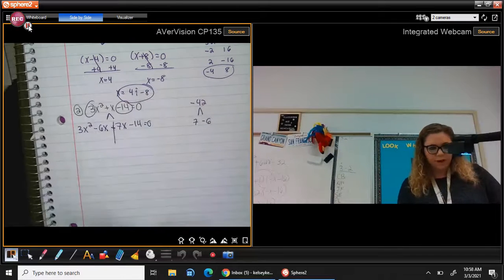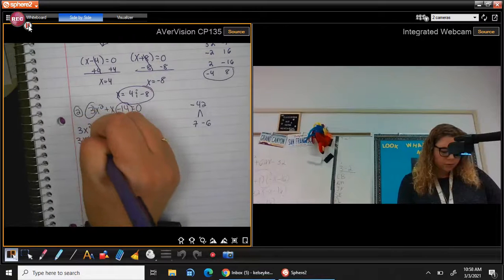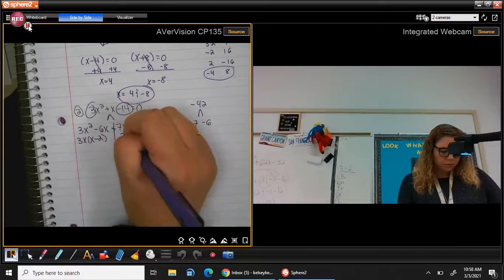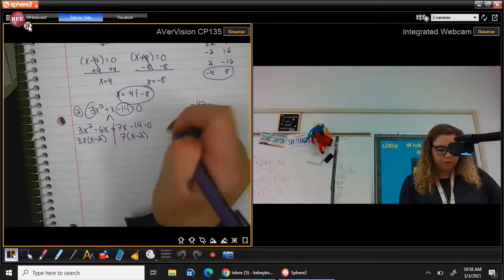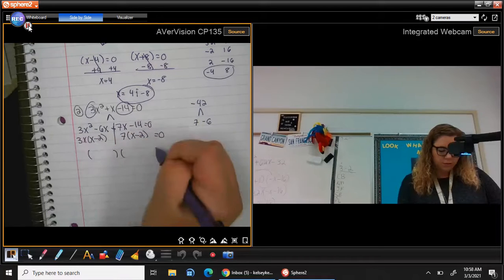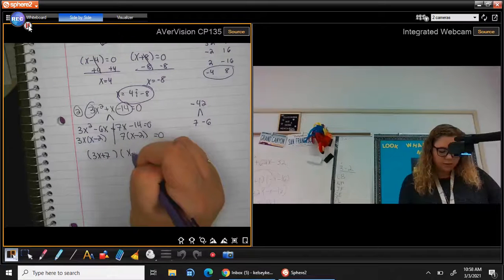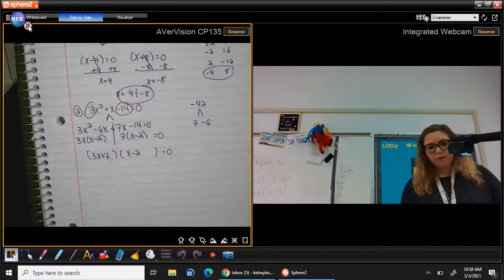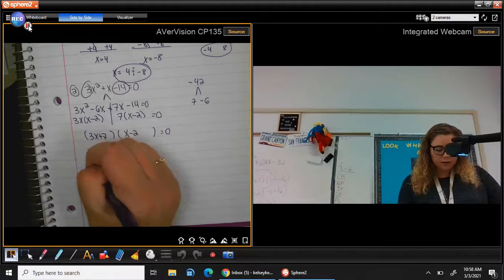Split in the middle, factor out my GCF. Again, we know we did it correctly because these two are the same. My two outside terms go together, and my insides. So now we have a factored polynomial, so we're going to set each one equal to 0 and then solve for x.